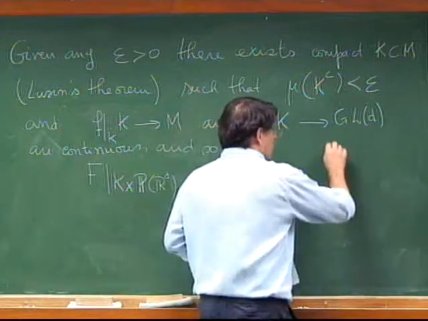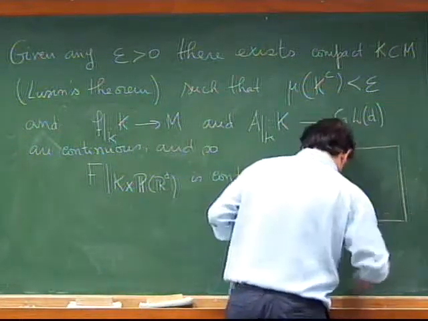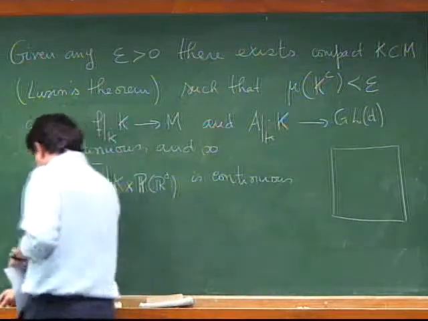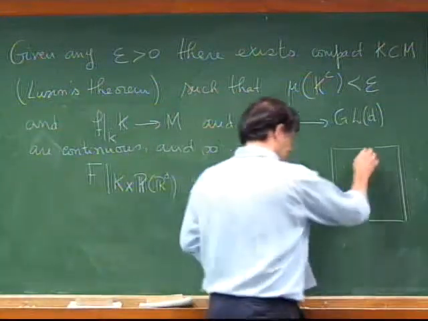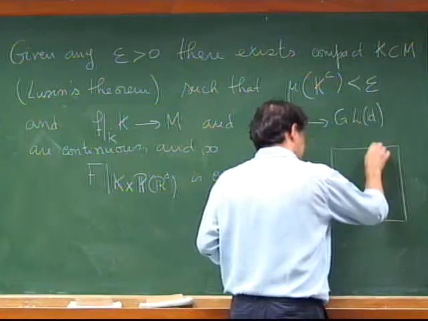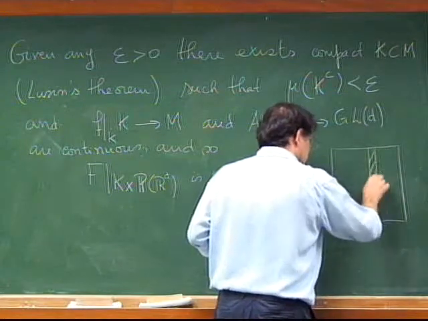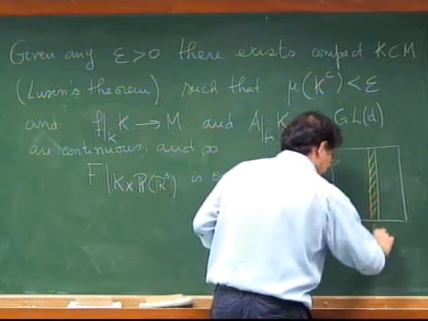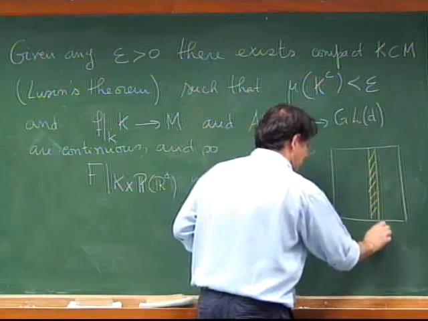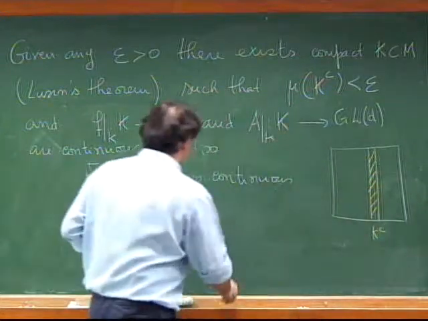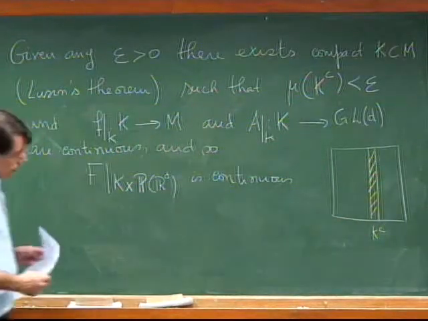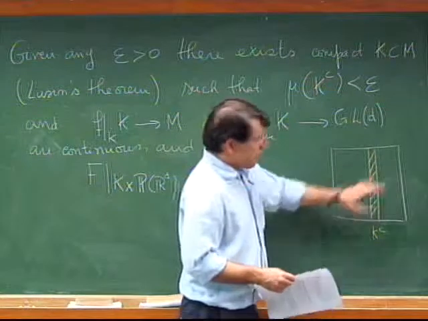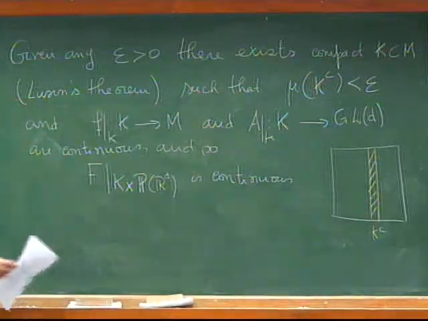Okay, so you exclude a small fraction of your space. This is K complement. You exclude a small set, and outside it our map is continuous.